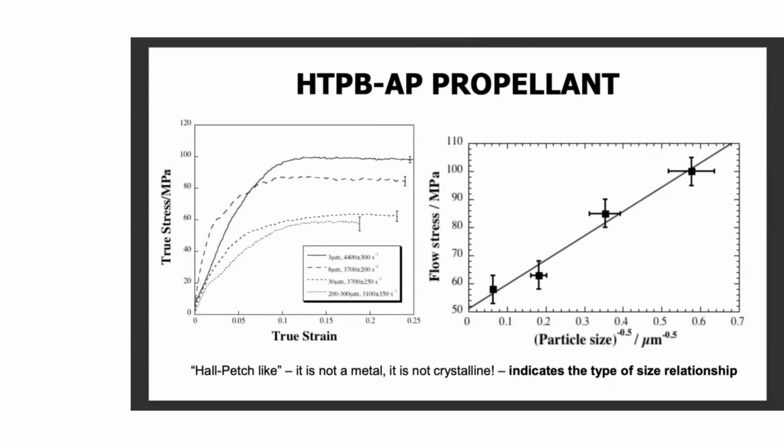However, if you plot the flow stress against the reciprocal of the square root of the particle size, this is a relationship that is very much like a Hall-Petch style model. We point out that these polymer systems do have crystals in them, but they are not crystalline, and the cracks tend to go through the polymer. What we see is there's a relationship there based upon particle size.